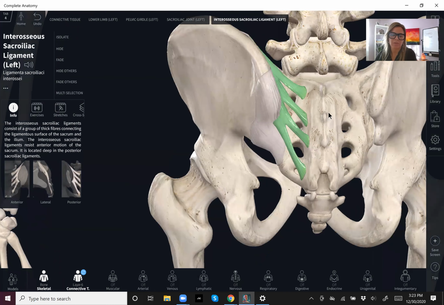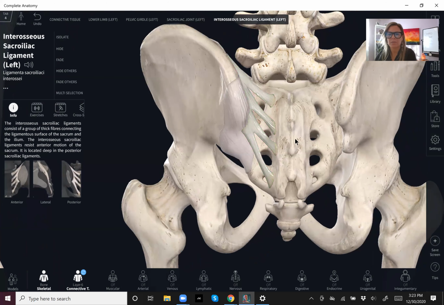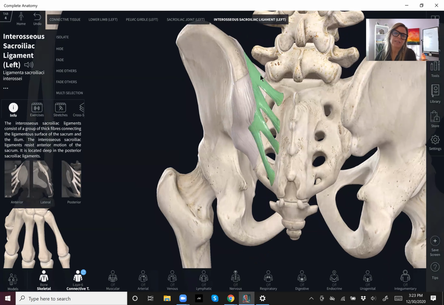Now, you don't have to remember these individually, but what I wanted to point out is that there are several ligaments that help to stabilize and balance the sacrum into the pelvis. So this is where our spine connects to the lower half of the body. And these ligaments are really important in our stability here.